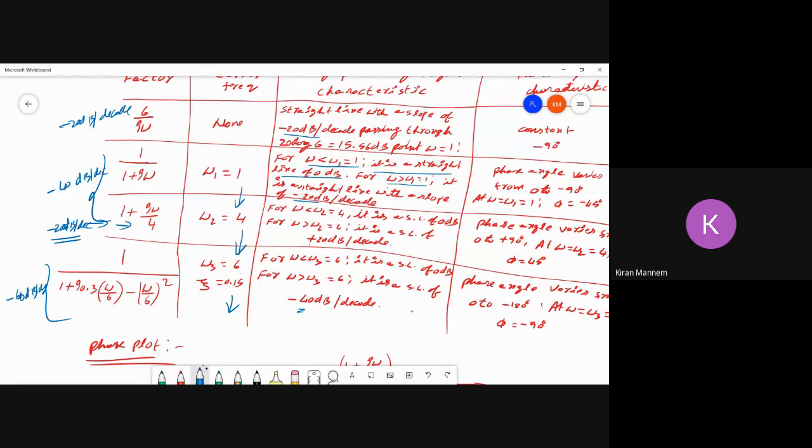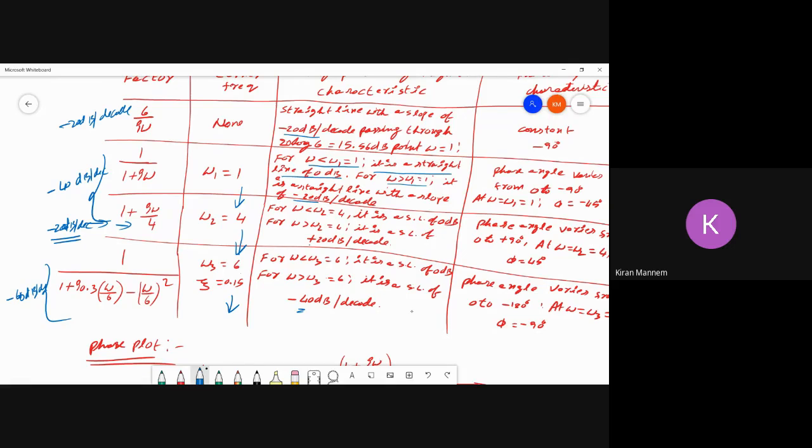So this is how you have to calculate the slopes of your asymptote lines. I'm just summarizing all these points. First, you need to find out the slope of your magnitude line or asymptote line. So for the first case, it is minus 20 dB per decade. Then next, it is valid till the next corner frequency.